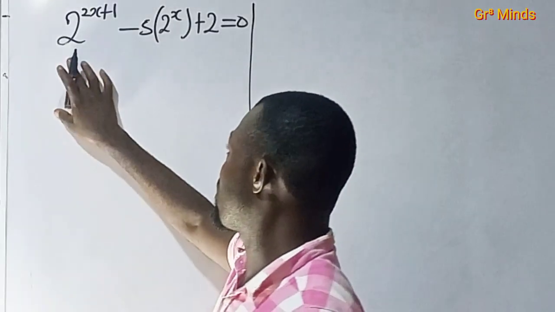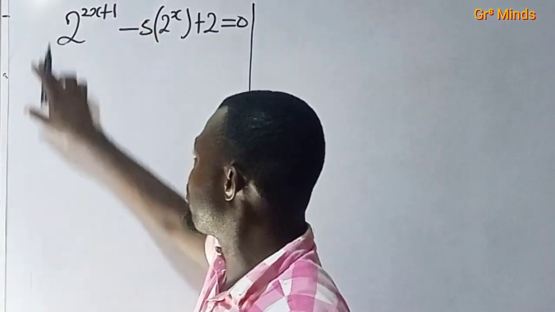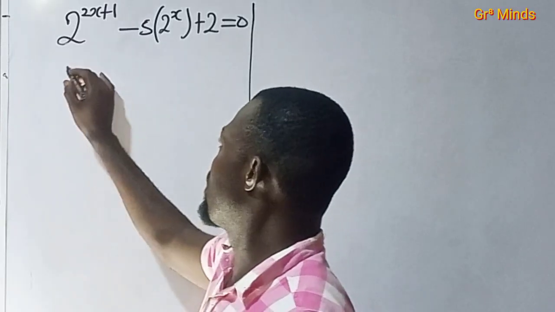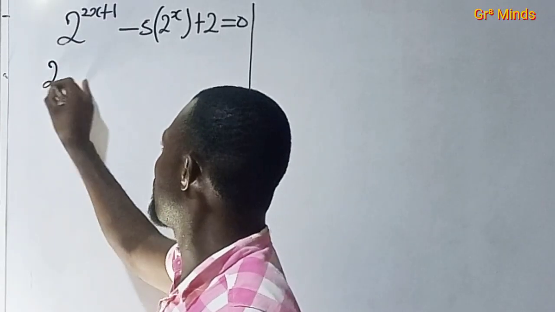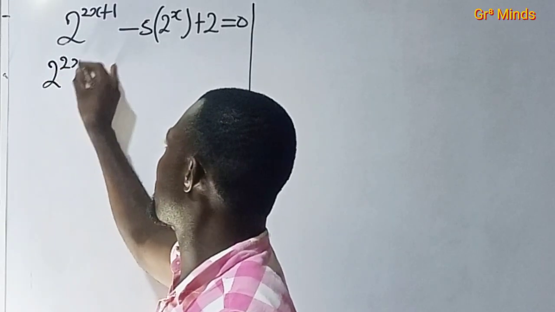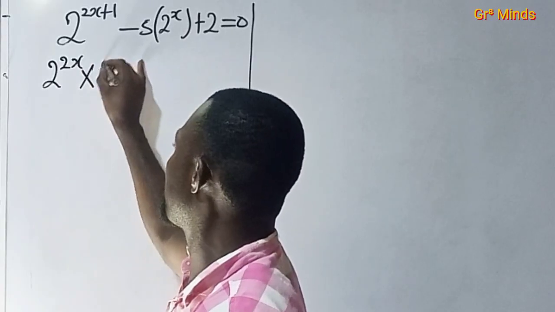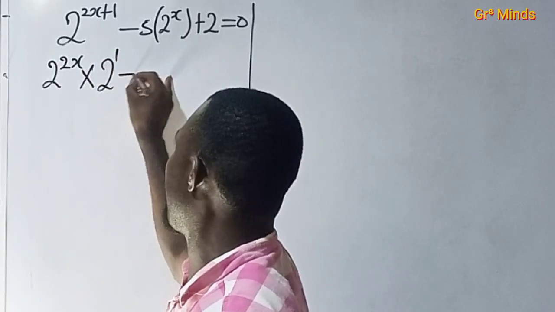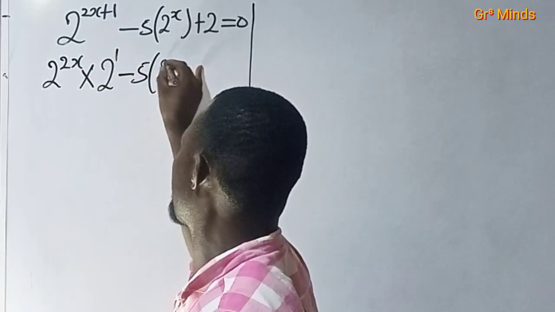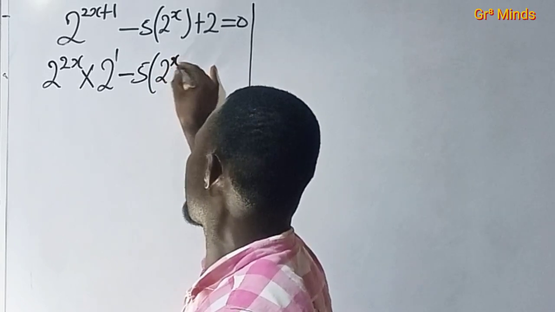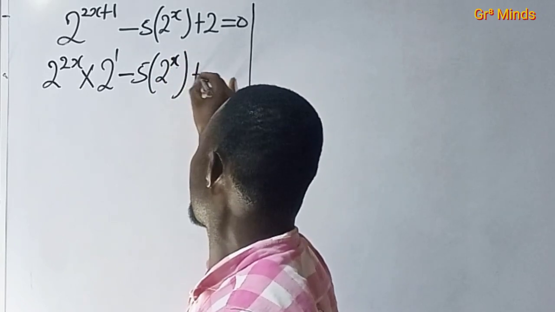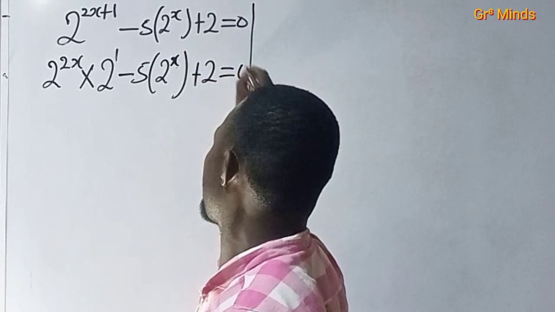Now to solve this, we are going to adjust the first term in this form: 2 raised to the power of 2x multiplied by 2 raised to the power of 1, minus 5 into 2 raised to the power of x, plus 2 equals 0.